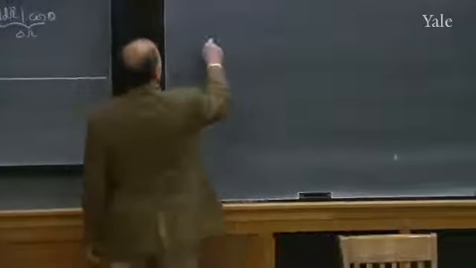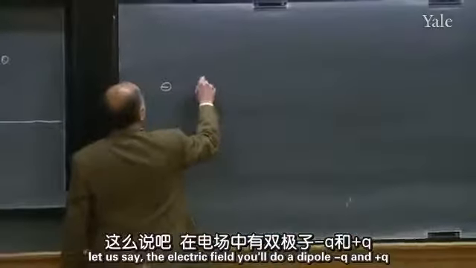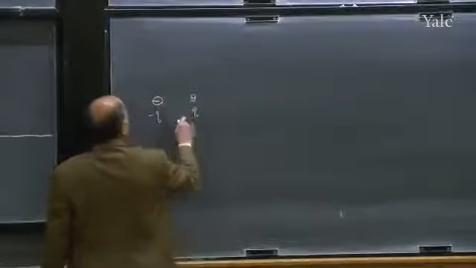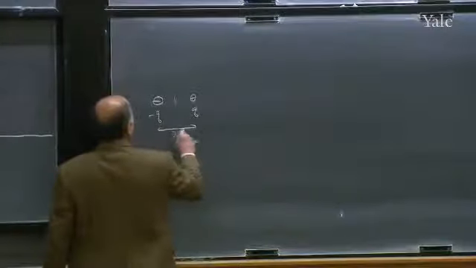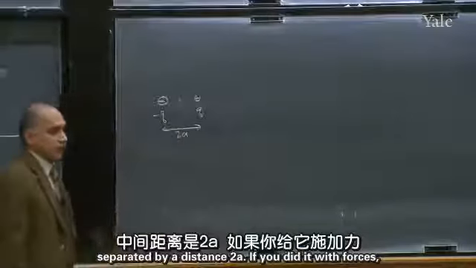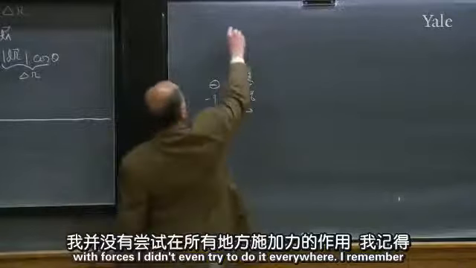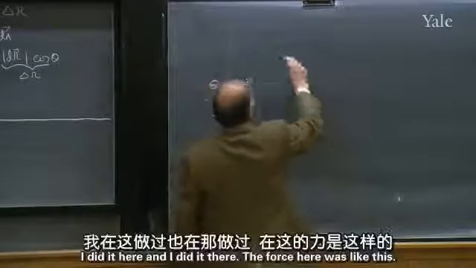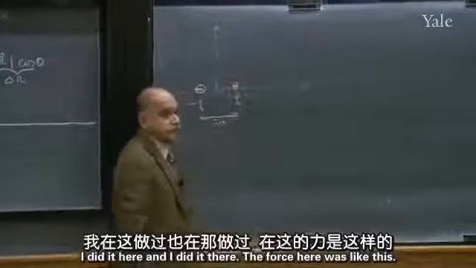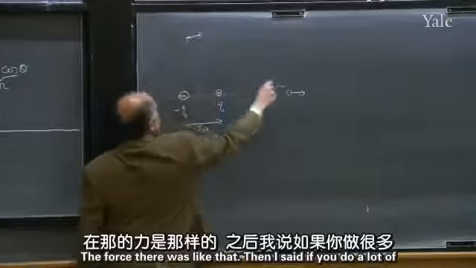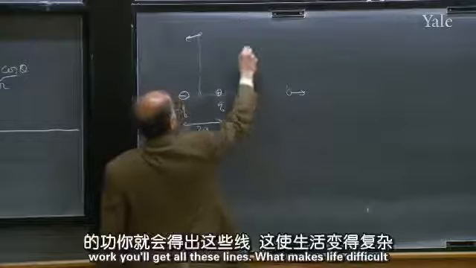We're trying to find the electric field due to a dipole, minus q and plus q, separated by a distance 2a. If you did it with forces, I didn't even try to do it everywhere. I remember I did it here, and I did it there. The force here was like this. The force there was like that. Then I said, if you do a lot of work, you'll get all these lines.